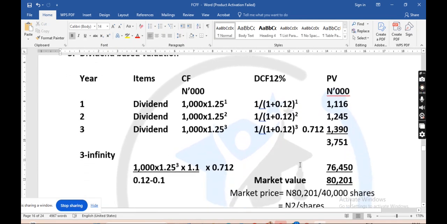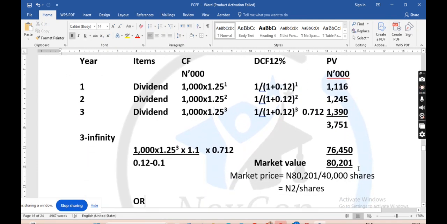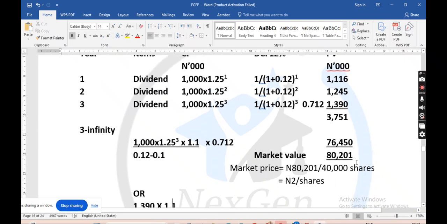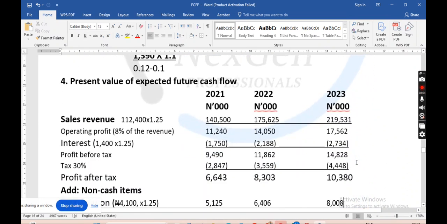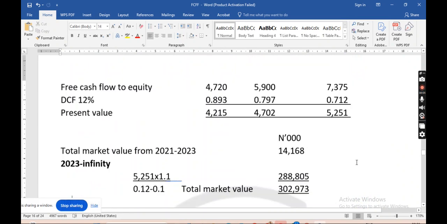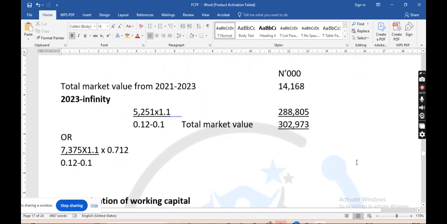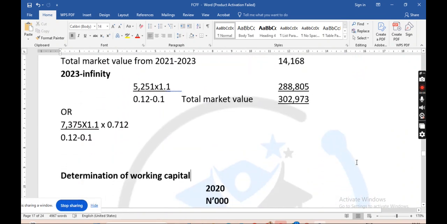While using the dividend valuation method, we have 80 million. Then under the free cash flow, we have 302 million. You can see that in all this, the free cash flow, the total market value, the value of the business, is higher than the others.